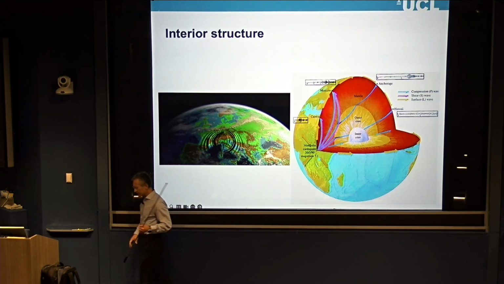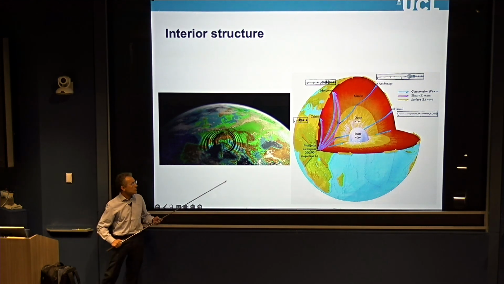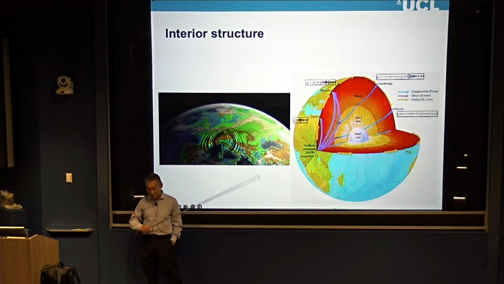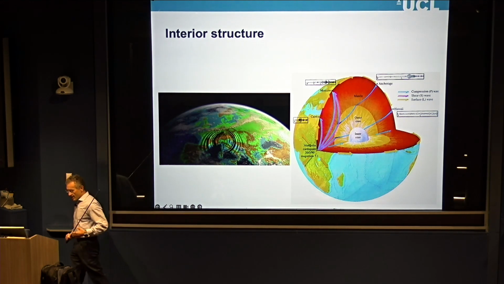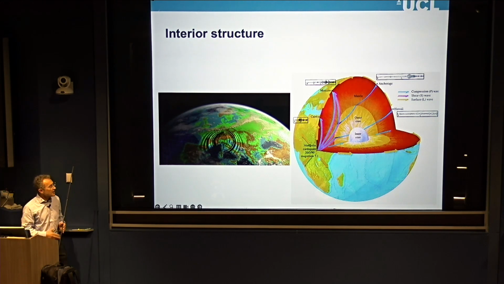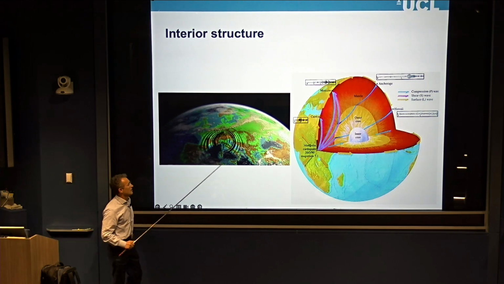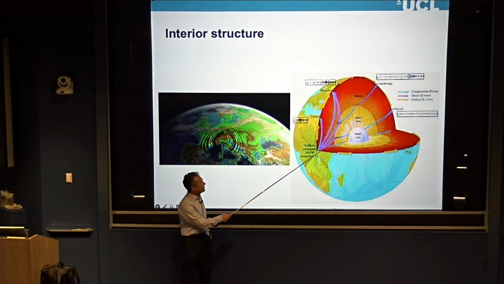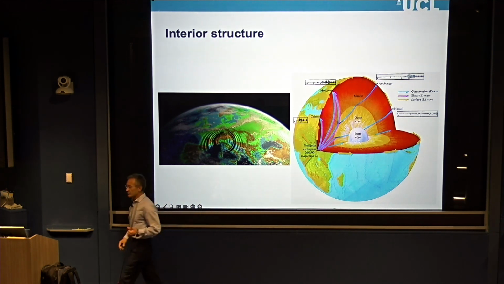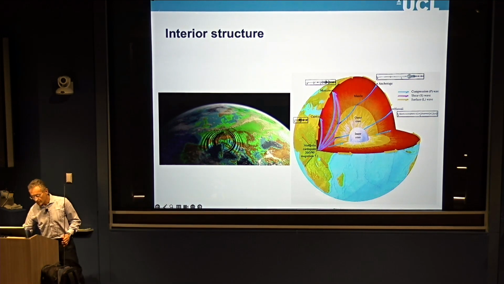And so by looking at the travel times of these waves on an array of seismographs all around the Earth, we can infer the properties of the materials inside the Earth, and in particular specific boundaries, such as the core mantle boundary, the boundary between the mantle and the outer core, and then a boundary between the outer core and the inner core.